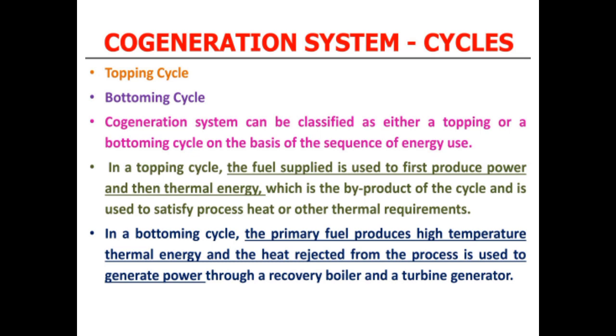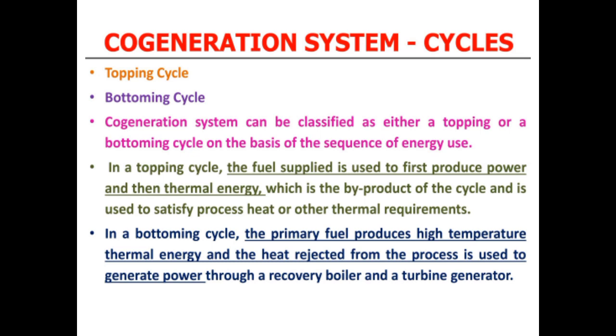Just see the underlined words. In a topping cycle, the fuel is used to first produce the power and then the thermal energy, which is the byproduct of the cycle, is used to satisfy heat or thermal requirements. Topping cycle means power first, and bottoming cycle means thermal energy first.